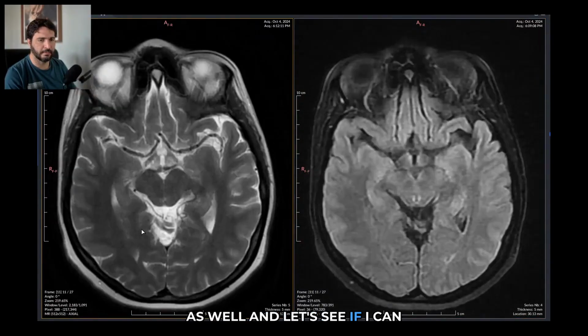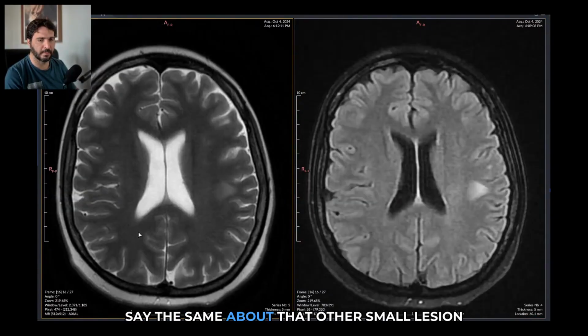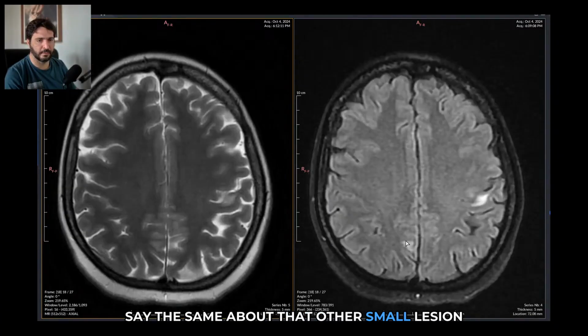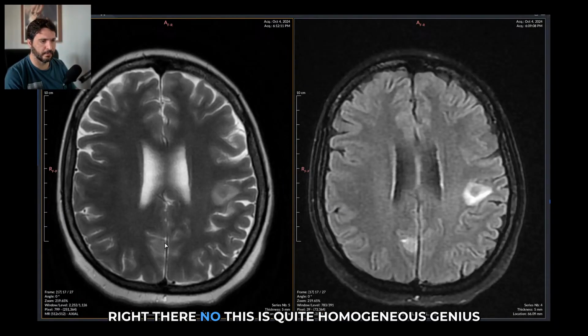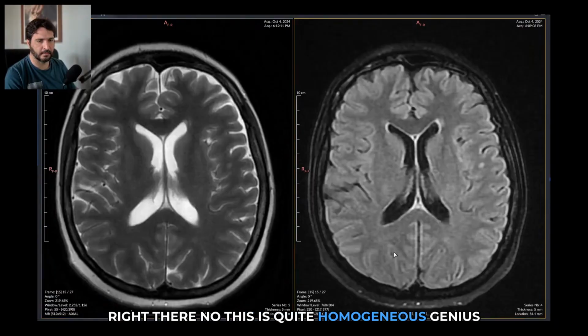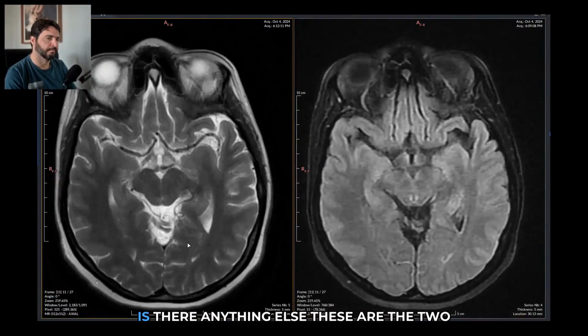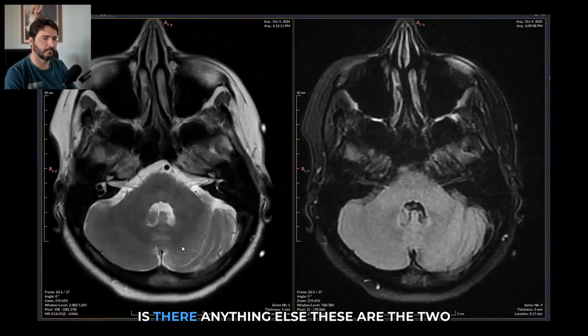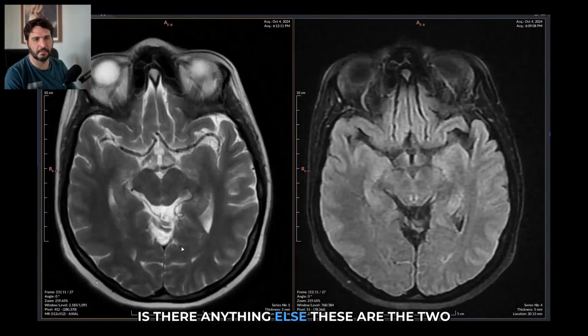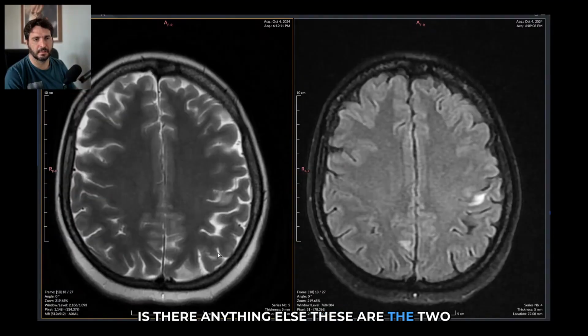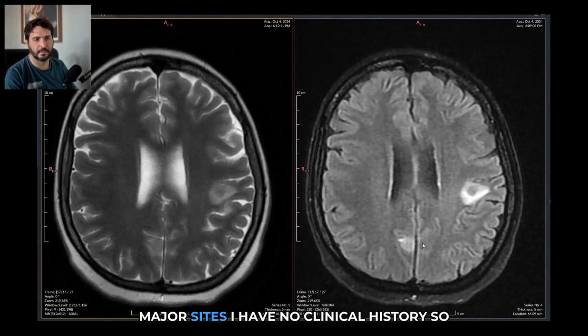And let's see if I can say the same about that other small lesion right there. No, this is quite homogeneous. Is there anything else? These are the two major sites.